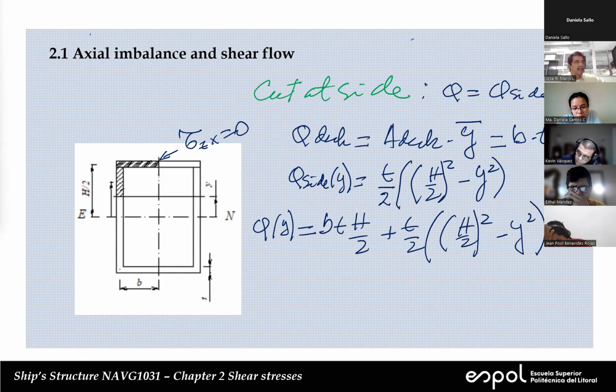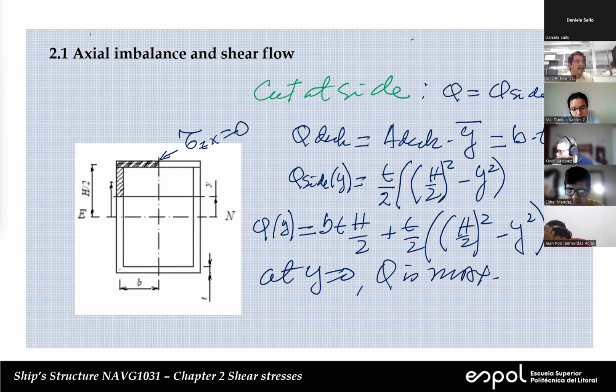And you see that there is a negative sign here. So when you reduce y, you have a higher value of Q. So at y equal to 0, Q is max. And that's the same result as we had before. So every time we do this type of analysis, we are interested in the region around the neutral axis, because in that area, the Q is going to be very large, and the shear stress, which depends on this Q, is going to also be very large. Okay?